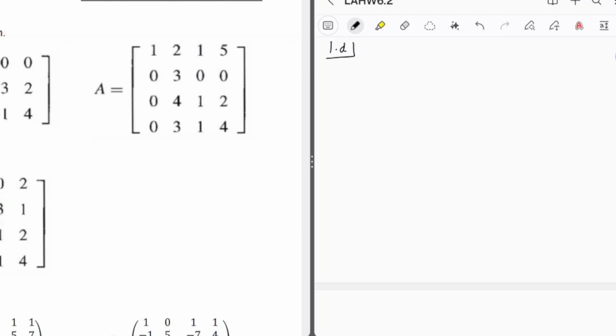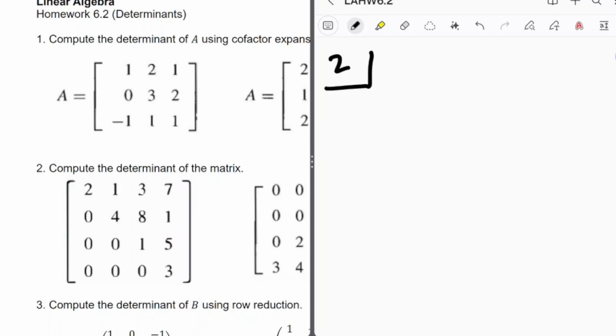Well, for number 2, it looks like we've got some triangular matrices. And so for a triangular matrix like this, we can just multiply down the main diagonal to get the determinant. Hopefully that's something I showed you in class, because it's related to the row reduction trick.